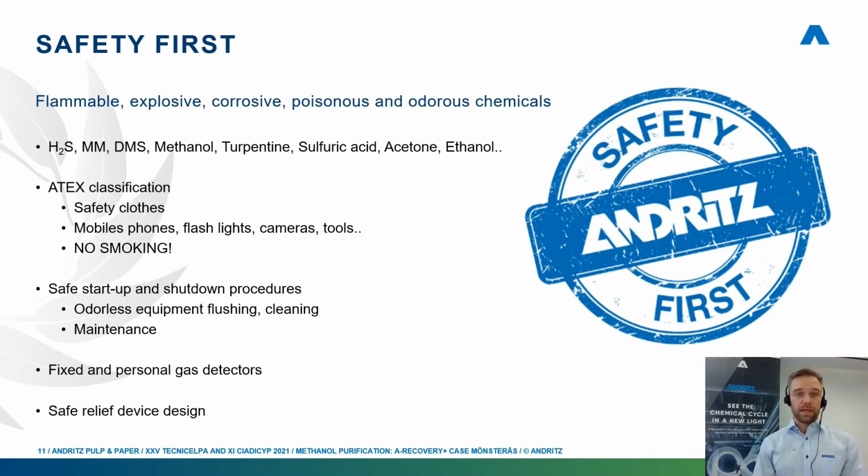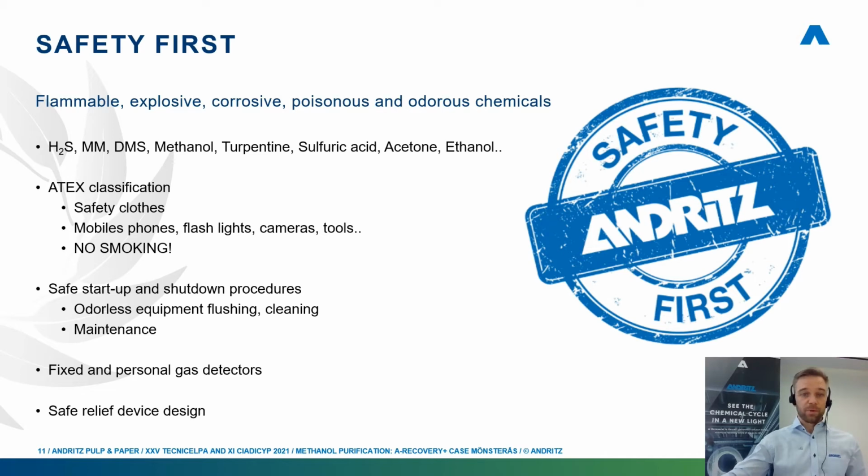With this kind of plant where you treat a mixture of flammable, explosive and poisonous chemicals, it's very important to think about process safety and have a safety first mindset. We have many risky components such as H2S and methanol, and the whole plant is ATEX classified.